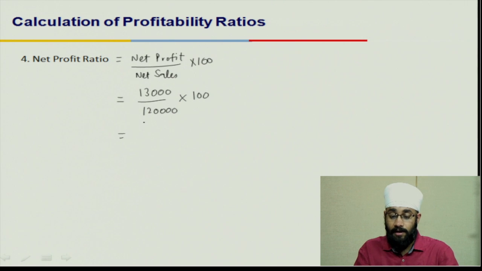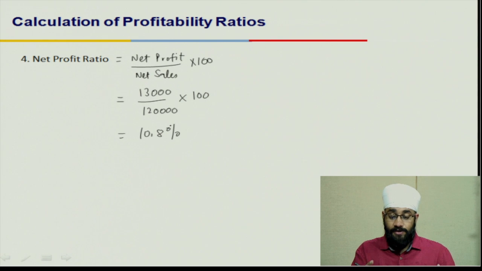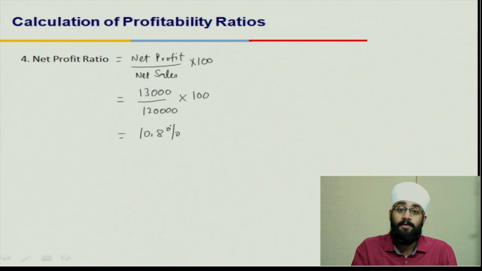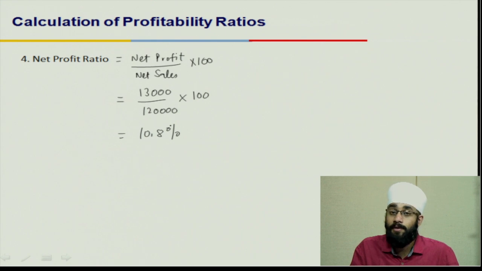Multiply this by 100, and you get a net profit percentage of 10.8%. This is the overall profitability of the business, and indicates the return to the firm as a whole, not only the equity shareholders or debt holders, but to the firm in totality.